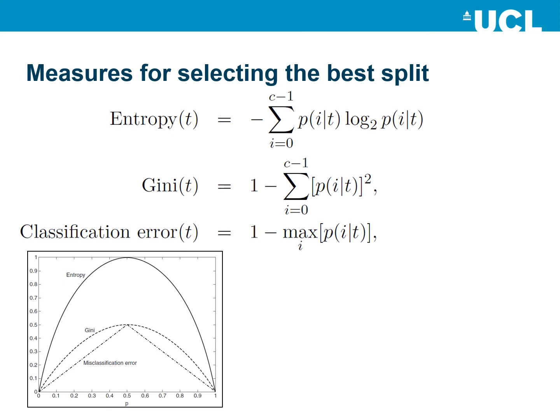Both serve the same purpose. For example, if you have a data set with a 50-50 split for a binary classification problem, your entropy would be maximized with the value 1. Your Gini index would have a maximum of 0.5 if you had a similar split of 50-50.